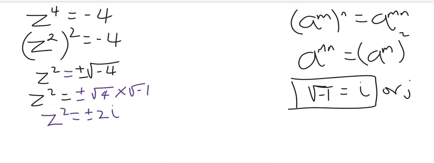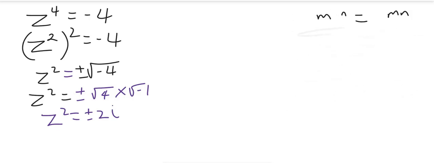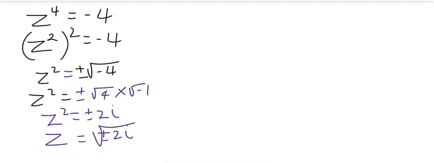So this is z squared. Now, don't forget the method I said I'm using, method 1, is the square root of complex numbers. So this is the same thing as z equals the square root of plus or minus 2i. You have another plus or minus, which implies that it has 4 roots.